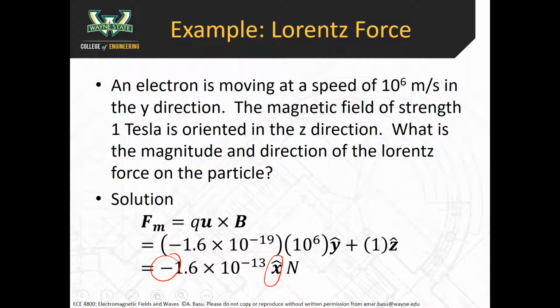So the negative sign comes there. 10 to the 6th is the velocity. And this should be a cross sign, not a plus sign. Crossed with 1 times z hat, because the unit for magnetic field is Tesla. So it's just 1 Tesla times z hat.